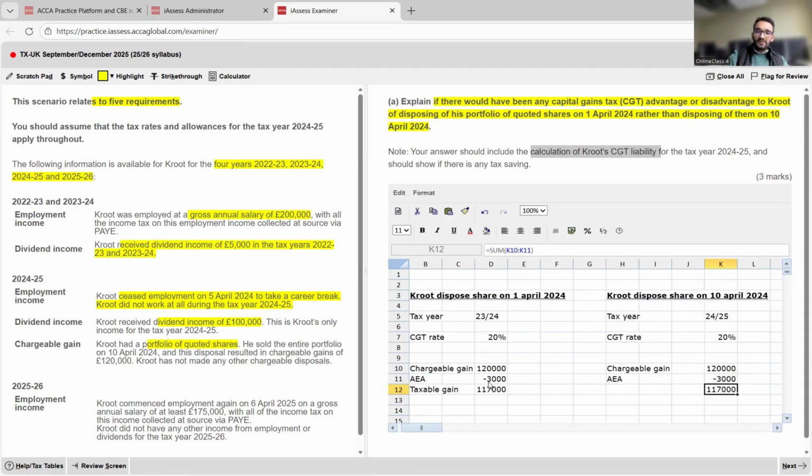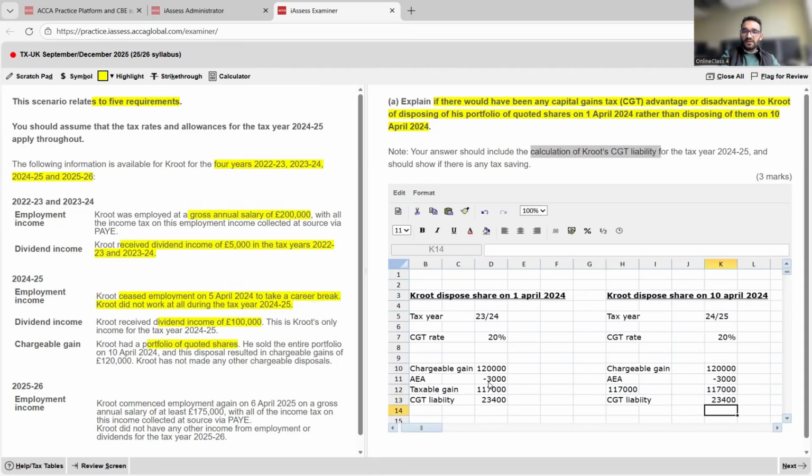So you have to briefly explain what the CGT liability will be: the taxable gain into 20%. There are 3 marks and they are not difficult. Just take time. That's why I often tell students to solve this question at the end, as the last question, so you have enough time. It requires time. It's a planning question. So this will again be 20%.